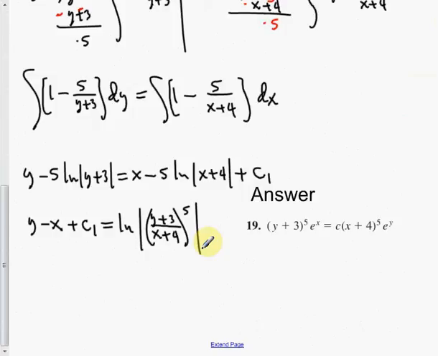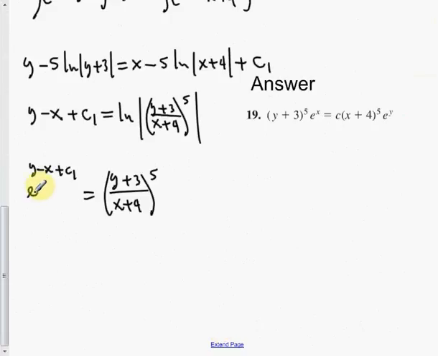Exponentiate both sides. So I get e to the y minus x plus some constant is equal to y plus 3 over x plus 4 raised to the 5th power.